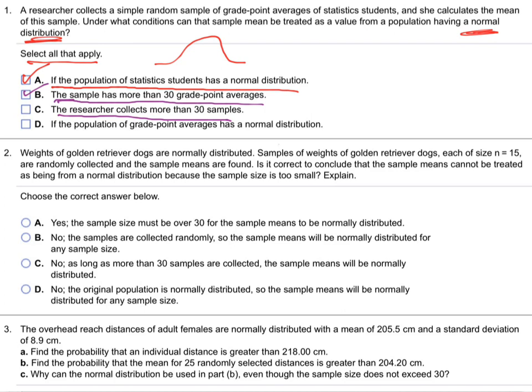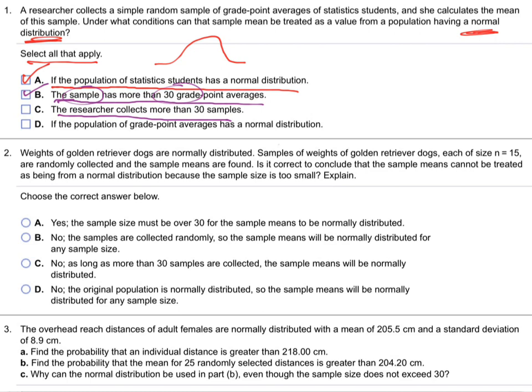That'll make it bell-shaped, right? Whereas C is saying something different. They're being subtle here. The researcher collects more than 30 samples. That'd be like me rolling a single die 30 times and not averaging. That's not going to do it. See the difference? It's not 30 rolls, it's an average from 30 dice. That's the key difference there. It's one sample of 30 grade point averages, not 30 different samples.